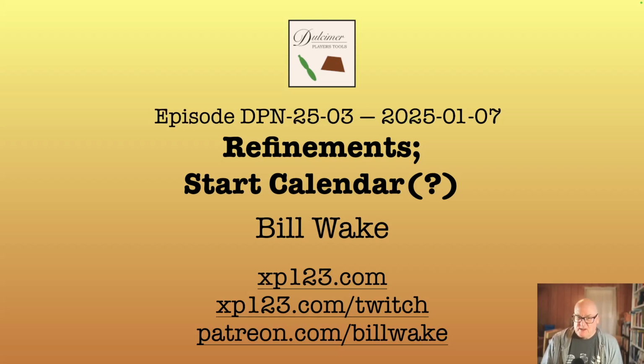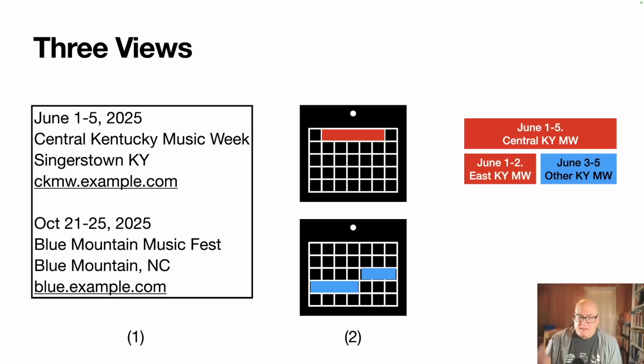And just kind of a sneak peek, I'm envisioning 3 different views on it. I'm not sure which ones we'll do or what's the most valuable. The first is a linear view, just entry by entry in some particular order, probably by date, if nothing else. The second view is more of a traditional calendar view.